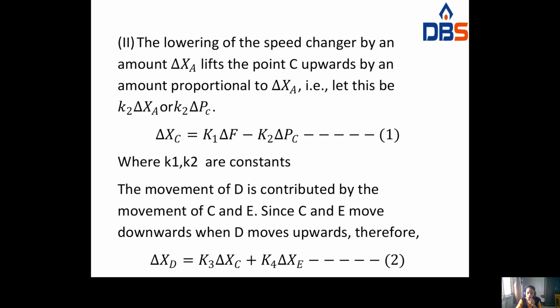Next, the lowering of the speed changer by an amount delta x lifts point C upwards by a portion of 2 delta x, which leads to k2 delta x or k2 delta Pc.